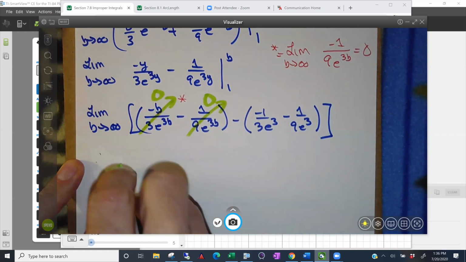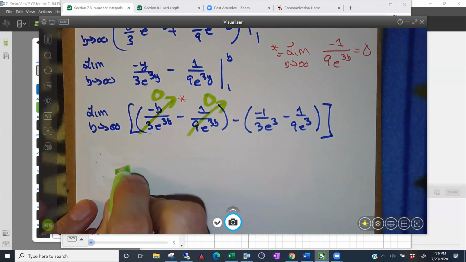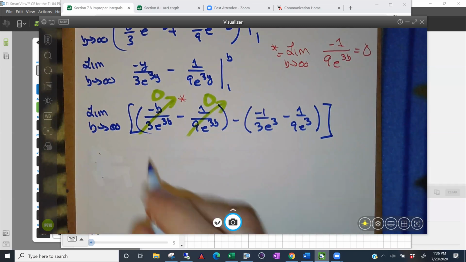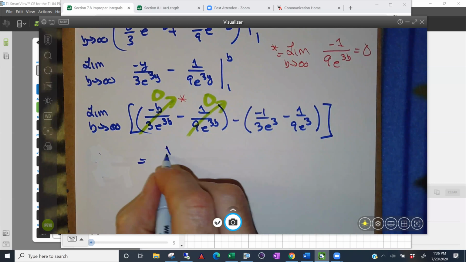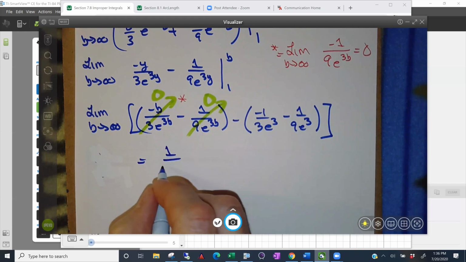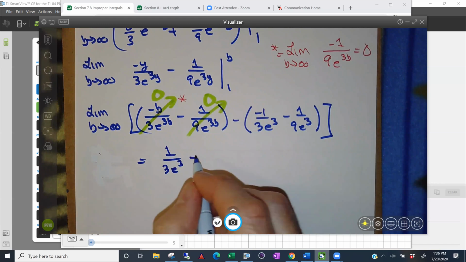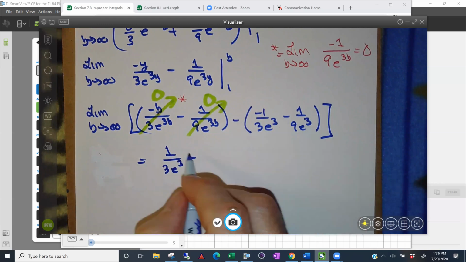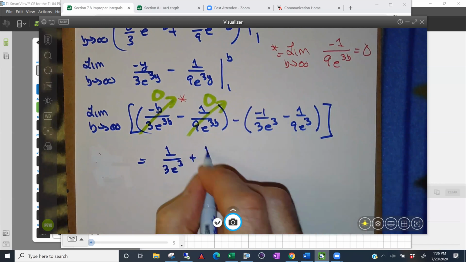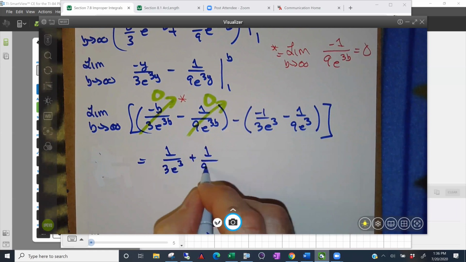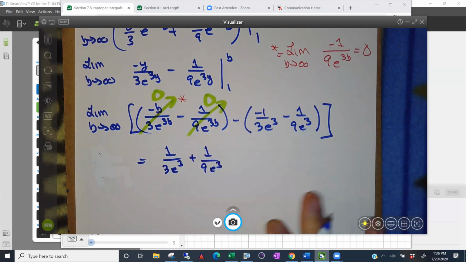But it's good that I was thinking about the limits because I do want you to keep around the limits till you're all done with them. That's going to be 1 over 3e to the third, minus, a minus becomes plus, 1 over 9e to the third.